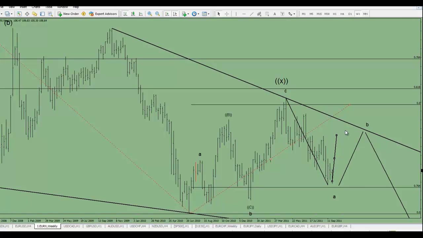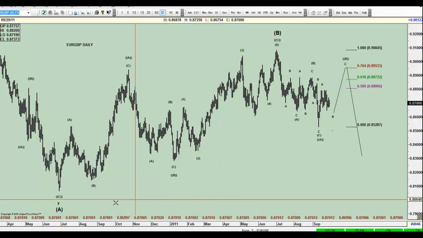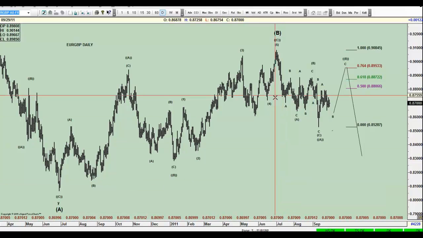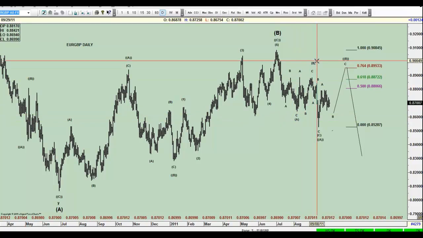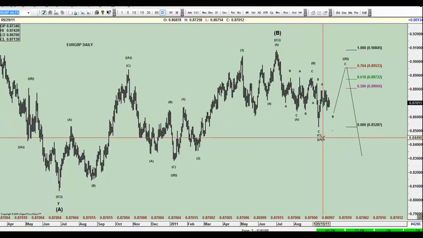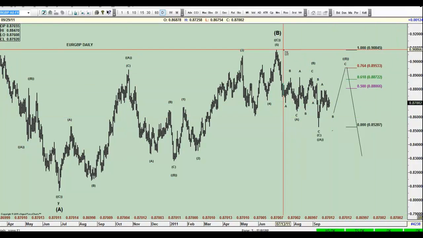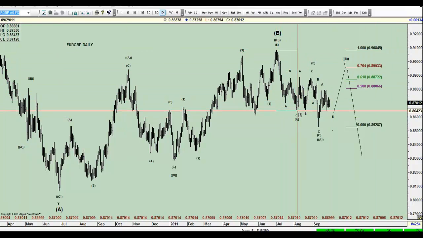Now let's move on to the euro pairs compared to other currencies, and we're gonna start with the euro pound. In the euro pound, what we're seeing is A, B, and C, a clear three-way move. These are our daily charts, guys.